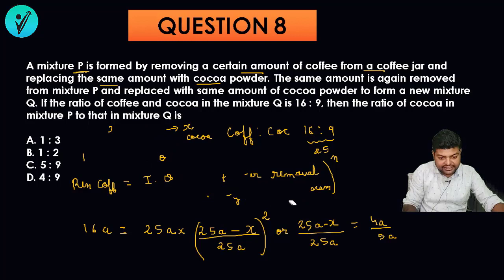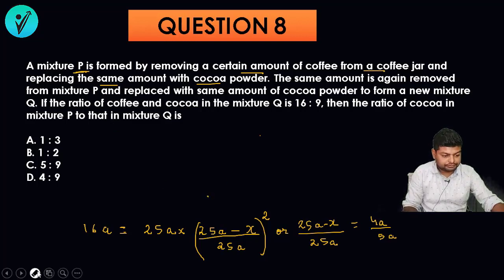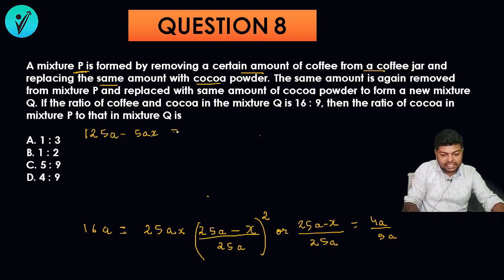So I don't need these things now, so I'm erasing it. So when we'll simplify it, okay, we'll have 125A minus 5AX equals to, oh sorry, let's cancel this A and A, na?